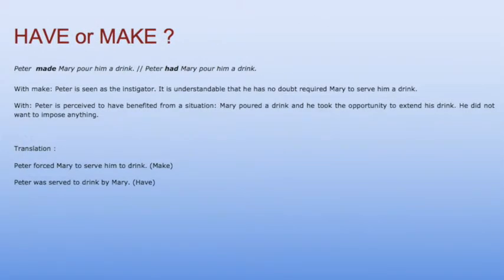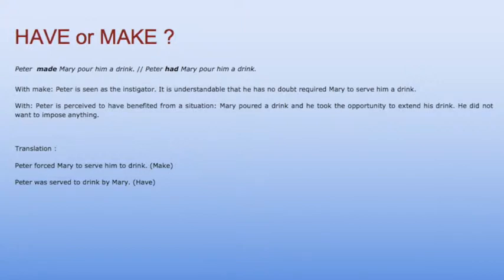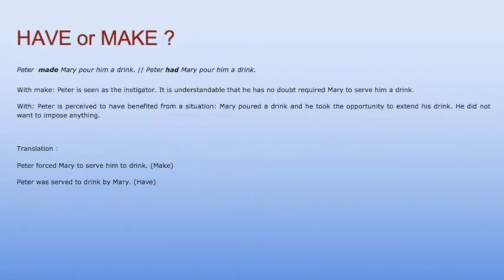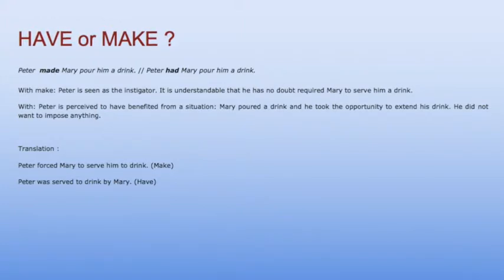Now, what's the difference between have and make through the following sentences? Peter made Mary pour him a drink. Peter had Mary pour him a drink. With make, Peter is seen as the instigator. It is understandable that he has no doubt required Mary to serve him a drink. With have, Peter is perceived to have benefited from a situation.